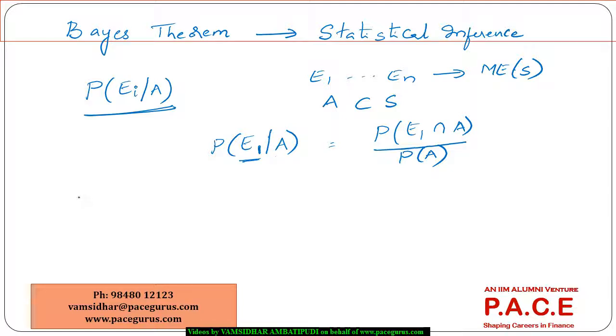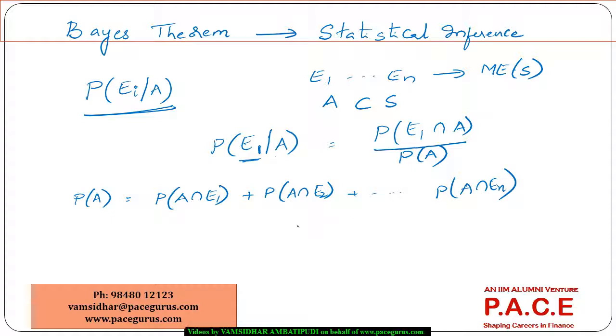Now, I will write probability of A using the total probability rule, which is probability of A intersection E1 plus probability of A intersection E2 plus so on, probability of A intersection En. That I can very well write. And now each of these intersections is nothing but probability of E1 multiplied by probability of A given E1.